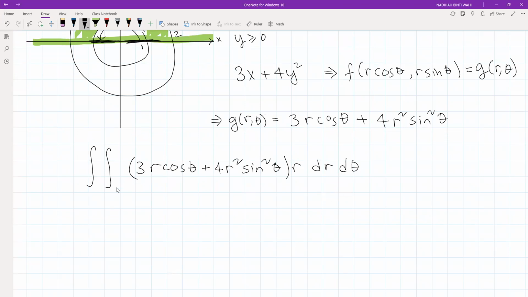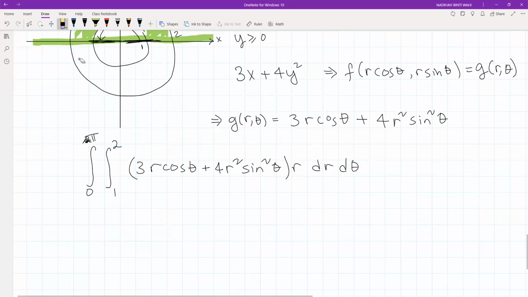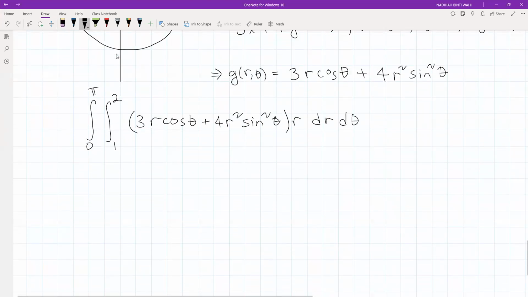R is from 1 to 2. And then theta goes from 0 to 2 pi, or just pi. Okay, so I believe that you can solve this.